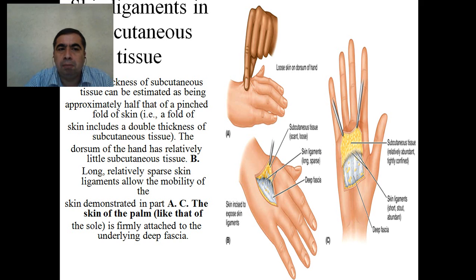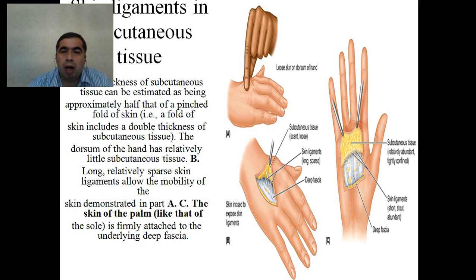Of course, the skin and the underlying structures such as the subcutaneous tissue are very important for performing operations on a very important part of the human body, our hand. Yes, we will have a special lecture about the topographic anatomy of the upper limb and also the hand.